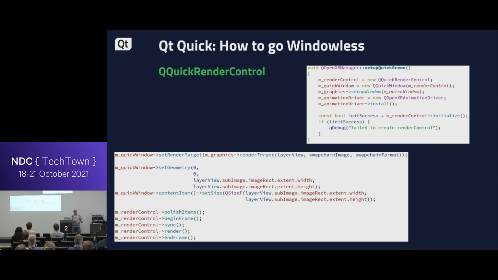Now you have an off-screen window where you can manually specify your render target and how big it is, and then manually call polish items, begin frame, sync, render, and end frame, which are the things necessary to actually render a Qt Quick scene. So this is very flexible because now you can render into any texture, anywhere, off screen, and Qt Quick just behaves like it is a window.